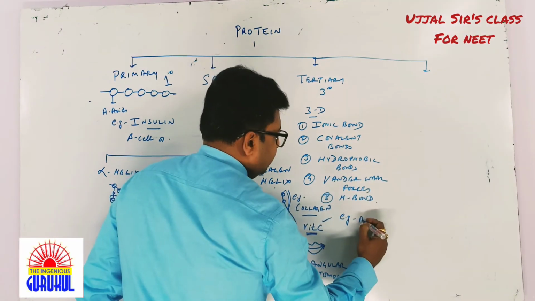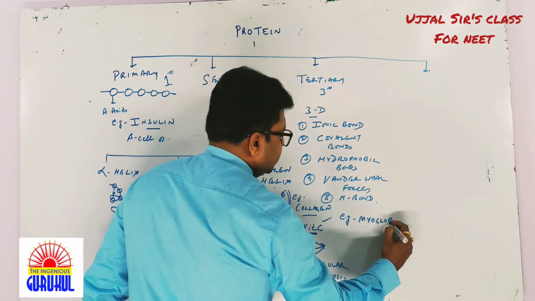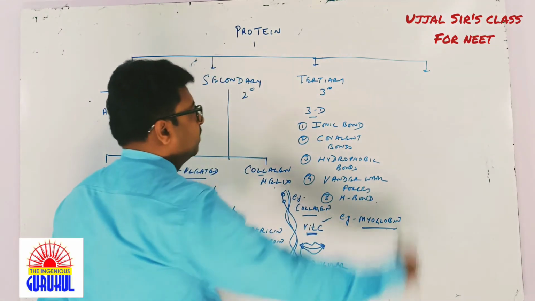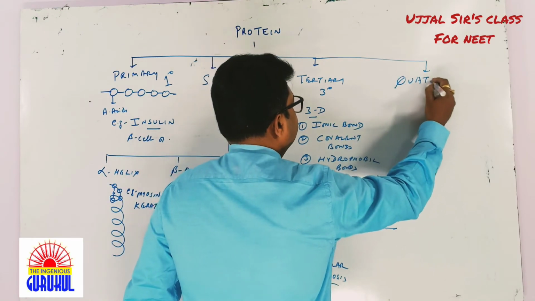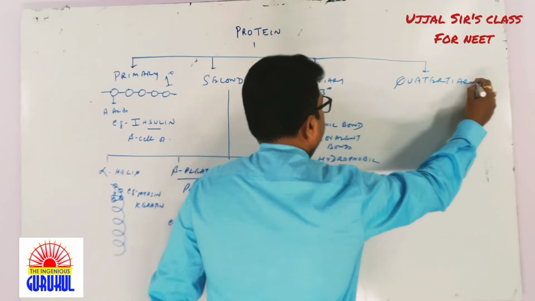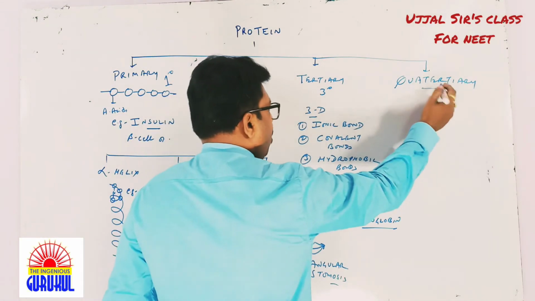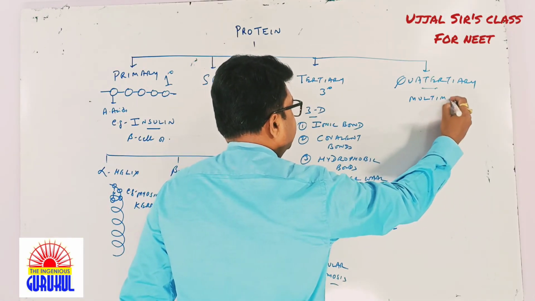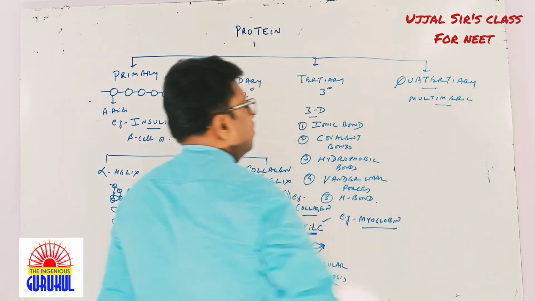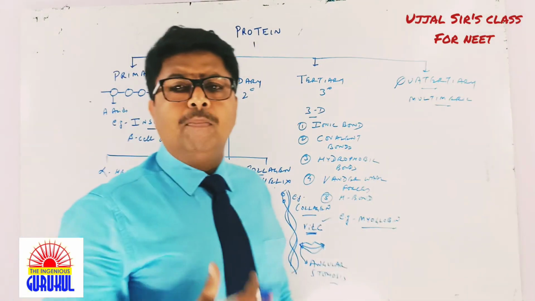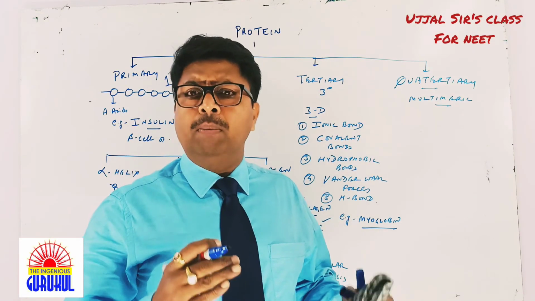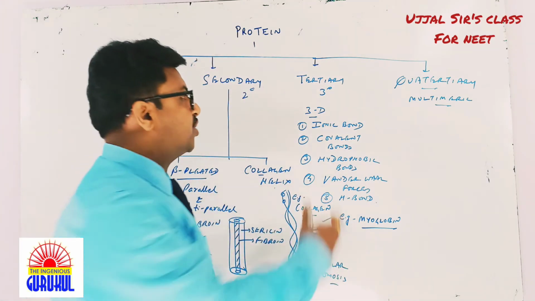The example of this is myoglobin, a protein present inside muscles. The fourth one is even more complex, because quaternary is a multimeric structure having more than 2 polypeptide chains, and each of the polypeptide chains has made its own tertiary structure.